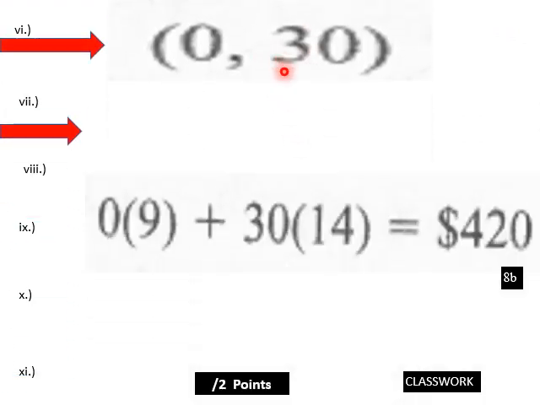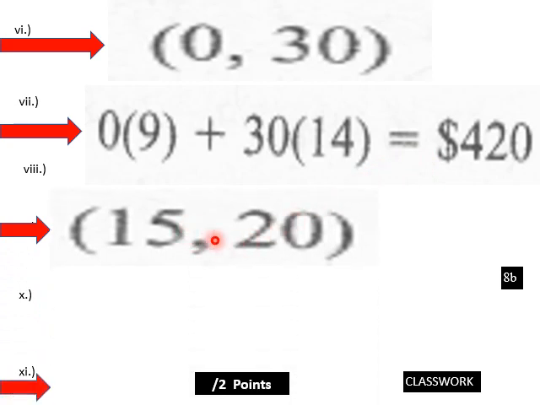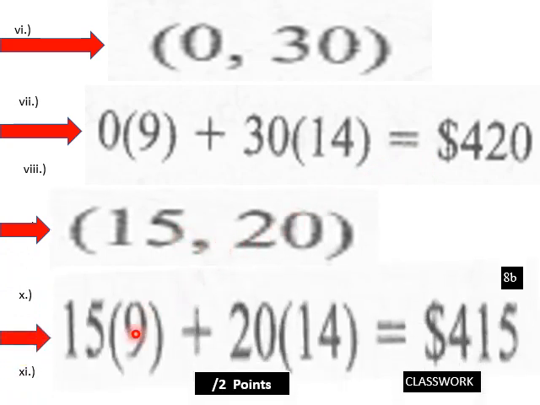At (0, 30), we plug in our amounts: 0 tables at $9 and 30 tables at $14. So we have $420. That's one cost. Then at (15, 20), you have 9 times 15 plus 20 times 14, which comes out to $415.